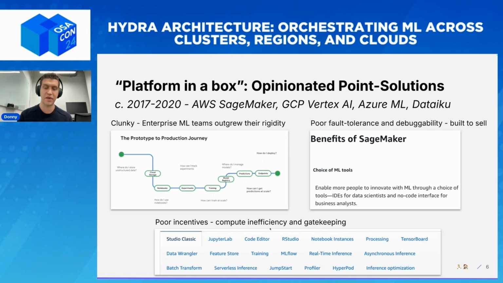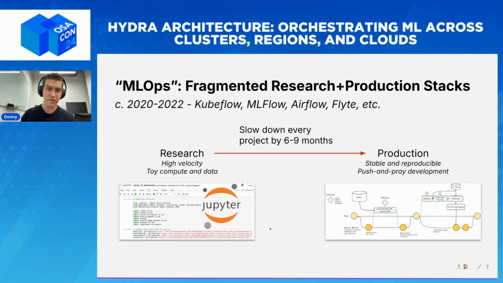But many companies, especially as they accommodated multiple teams with multiple types of methods, kind of aged out of this into something that was a little bit more custom. And the more custom solution often meant having to build something from scratch. And building something from scratch often just meant that you were satisfied just being able to get your actual machine learning systems working. And that generally means production.